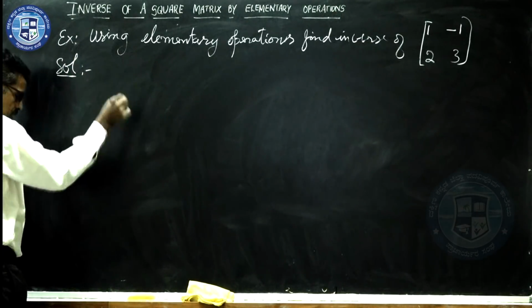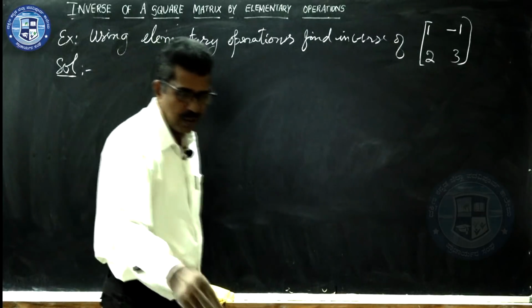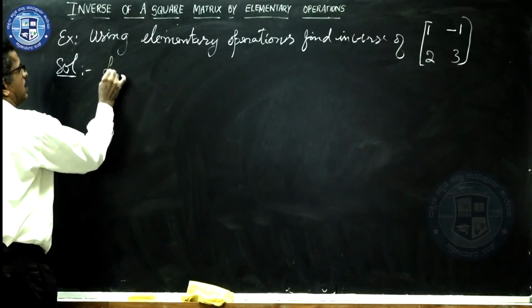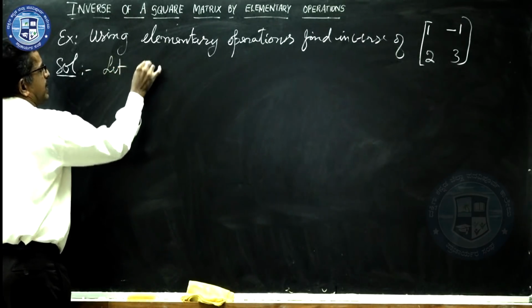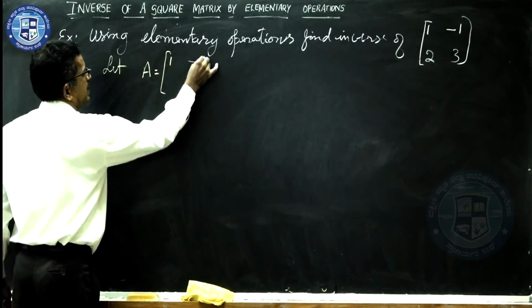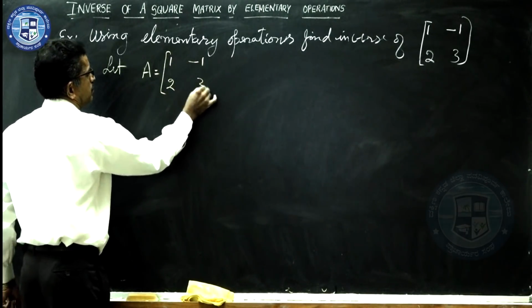First solution. Let me take the given matrix as A. It is 1, -1, 2, 3.